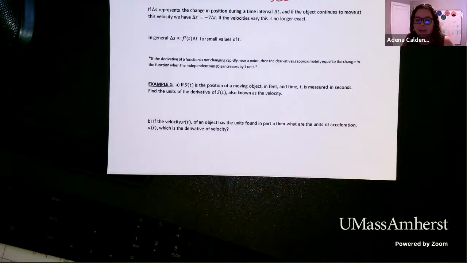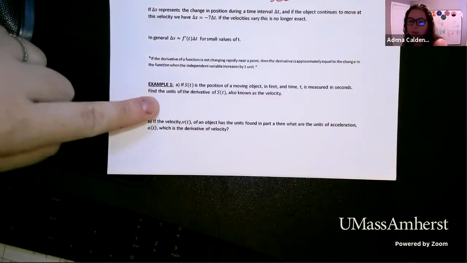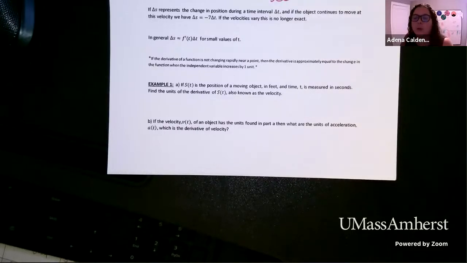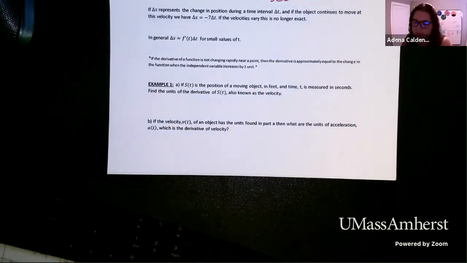And then part B says if the velocity, now we're going to call the velocity v of t, of an object has the units found in part A, so the units you find in part A are the units of velocity, then what are the units of acceleration, a of t, which is the derivative of velocity? So you need to do part A first to get those units, to then figure out the units of part B.